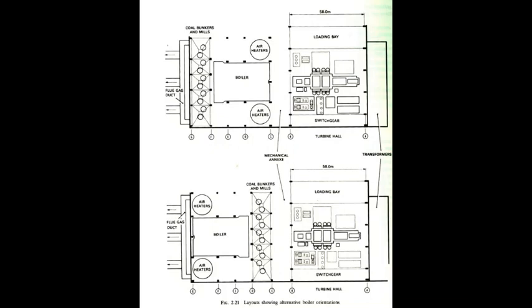If you see this, towards the chimney in some plants you have the milling system layout, coal bunkers and mills, and in some plants you will find that, unit wise, the layout is such that the milling system is between the boiler and the turbine bay.